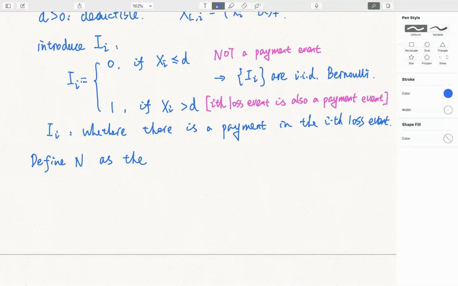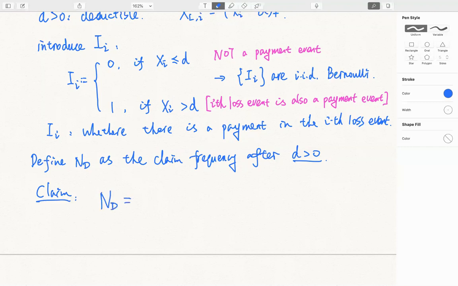The textbook uses N_D. Introduce N_D as the claim frequency after the introduction of this deductible. Okay, after we apply this deductible. So this is a new one. I claim that this new random variable, the new claim frequency, can be written in this way.